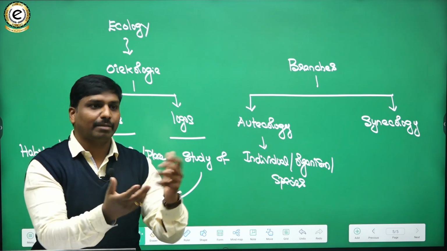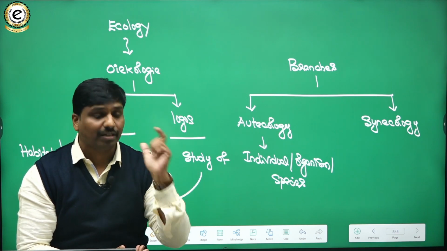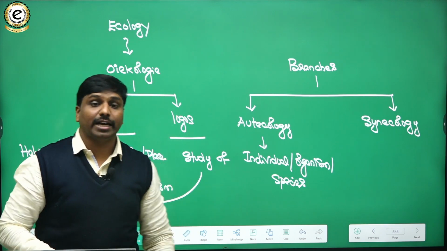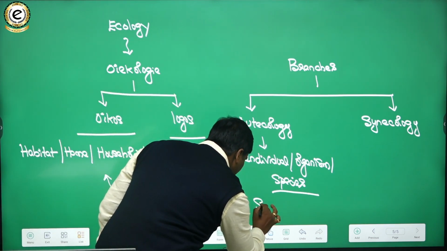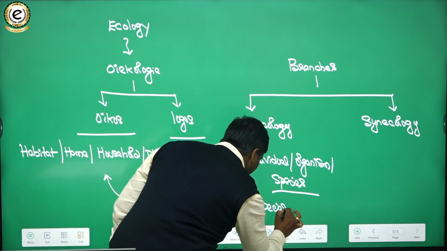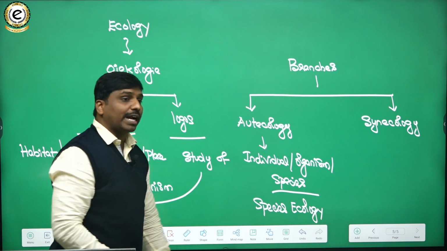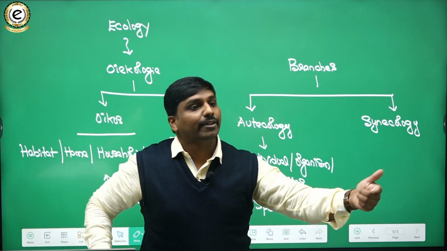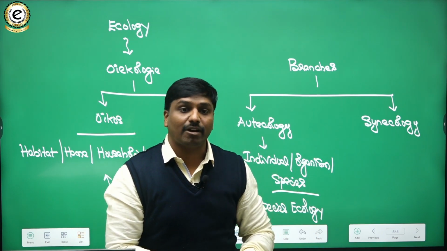In a garden there can be various flowers. If you study various information about a particular flower, then that would be the subject matter of autecology. So autecology is also known as species ecology. For example, the interaction of one tiger with another tiger, let's say for mating. If you study that, it is part and parcel of autecology.